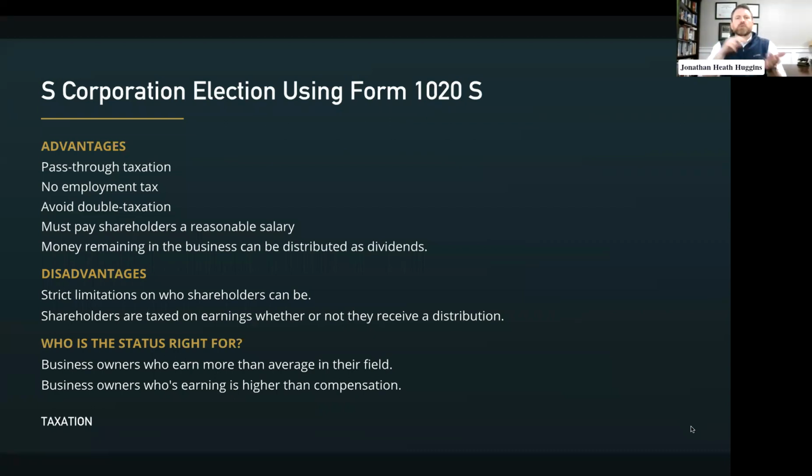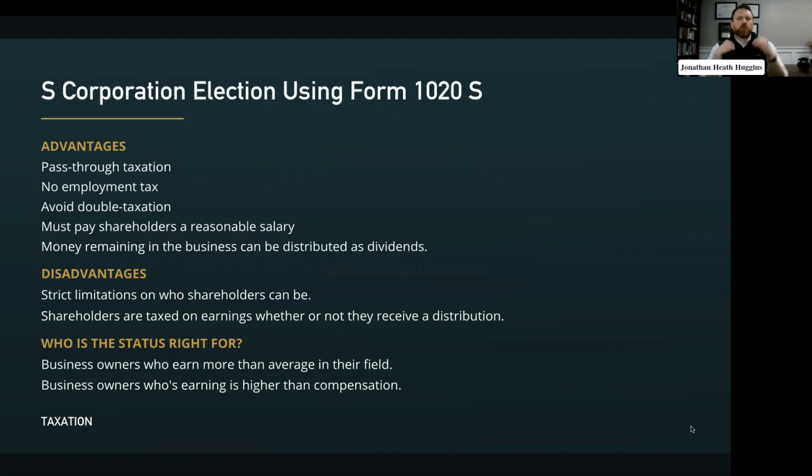If you get your paycheck and your W-2, you'll have FICA tax already withheld from that. That is why it's nice. You can pay yourself as a business expense, and then when you get those profits as a share owner, you get the dividends. When you file that, there's no self-employment tax, and that actually saves you money. It's a very awesome structure.